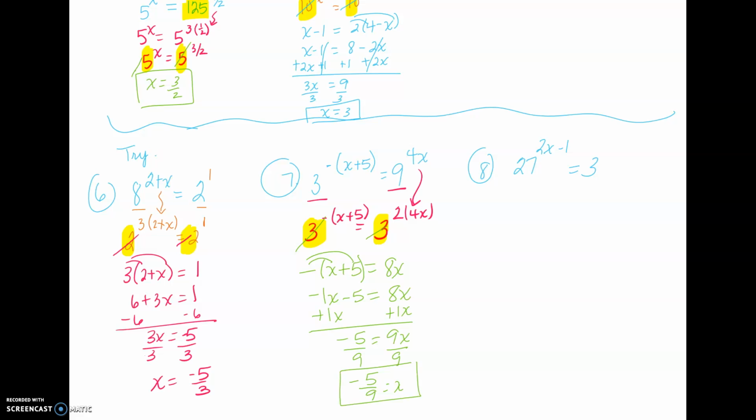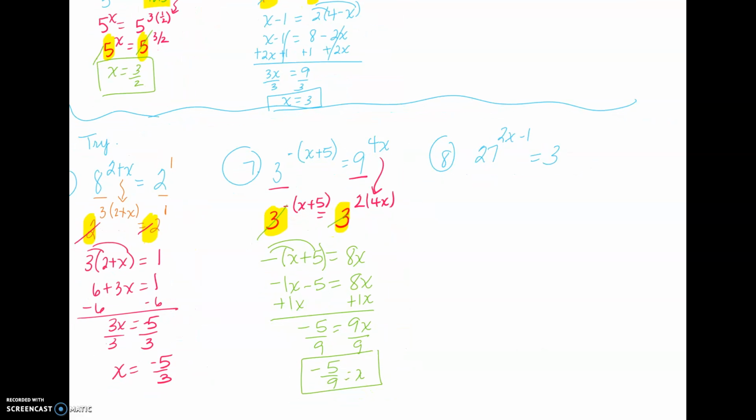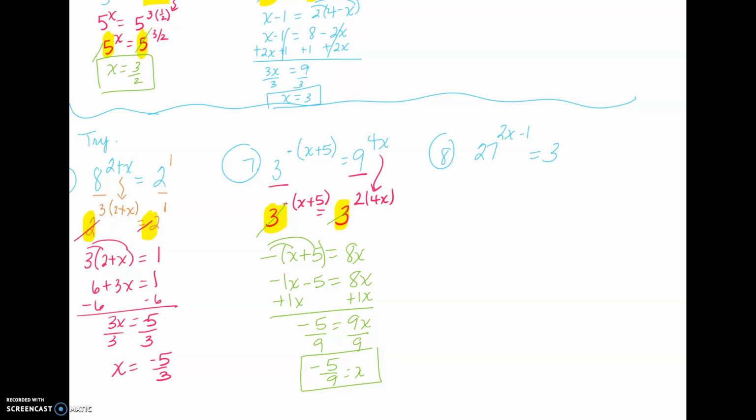Again, if we put that in for x and solve, it would make it true. Our last one, 27 to the 2x minus 1 equals 3. We've got to look at our bases. We have 3 and 27. Can 27 be written as a base of 3? It can. 3 to the third power, and don't forget to bring down the 2x minus 1. What do we notice when there's no exponent there? That was a 1. So this becomes 3 to the first power.